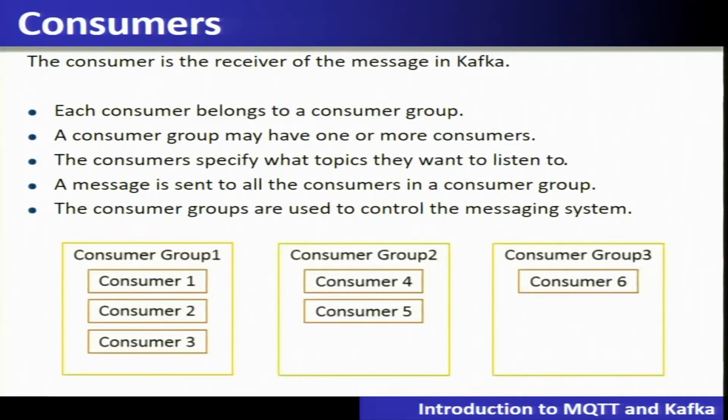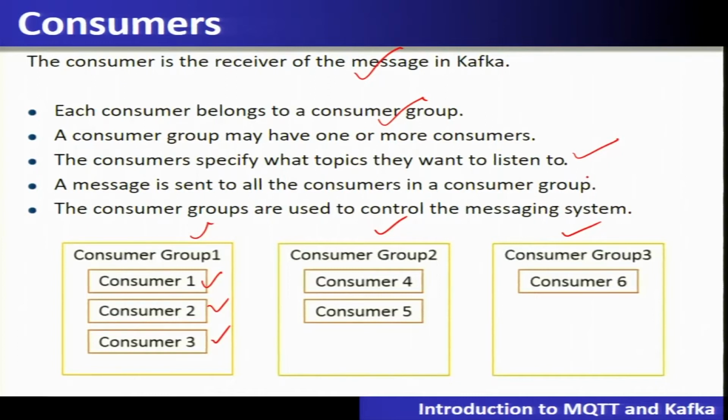Let us talk about the consumers. A consumer is the receiver of the message in Kafka. Each consumer belongs to a consumer group, which is shown in this example. A consumer group may have one or more consumers. Consumers specify what topic they want to listen to.